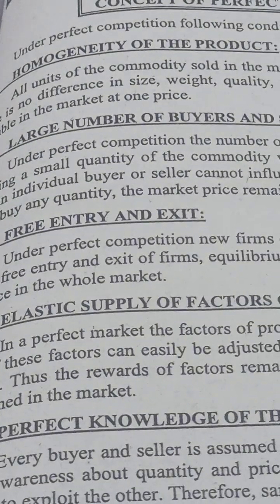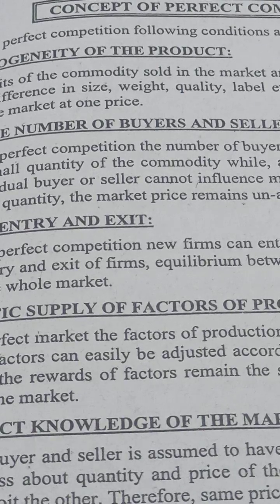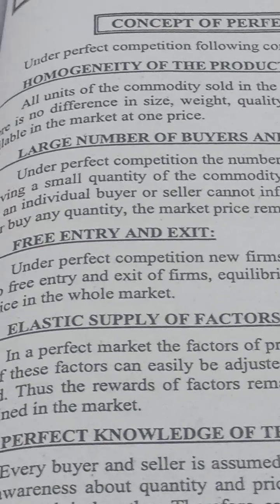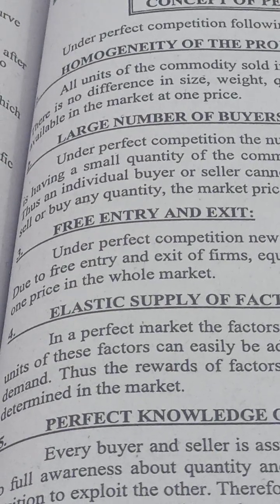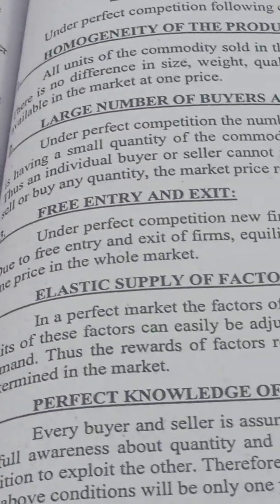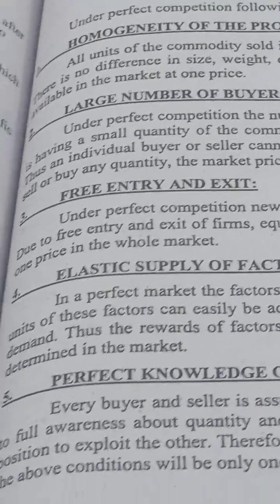Elastic supply of factors of production, which means land, labor, capital, and organizer are available in the economy. There is perfect knowledge of the market to both supplier and consumer.